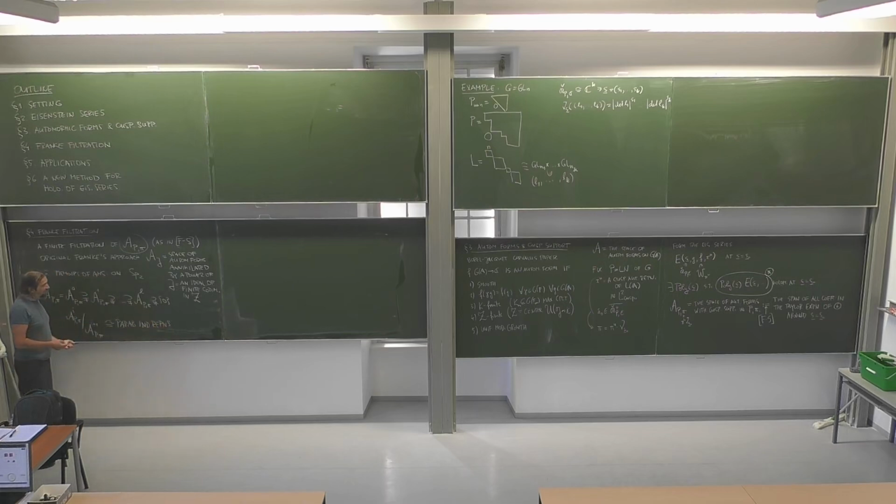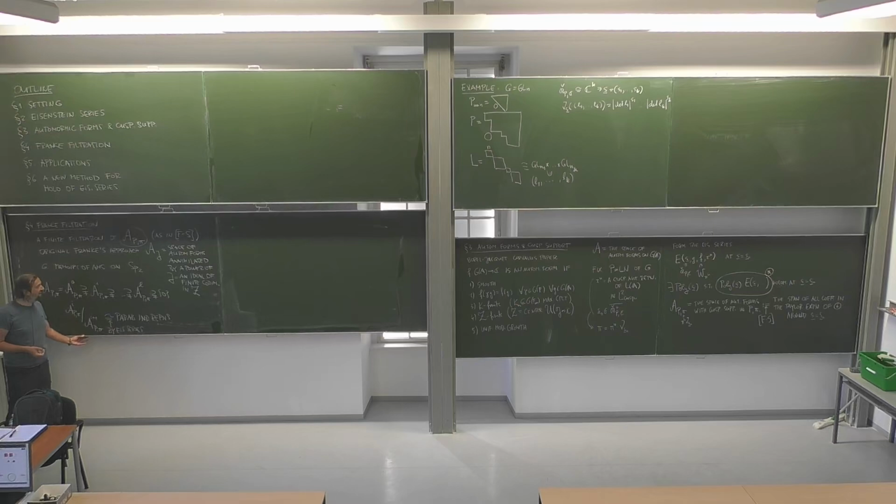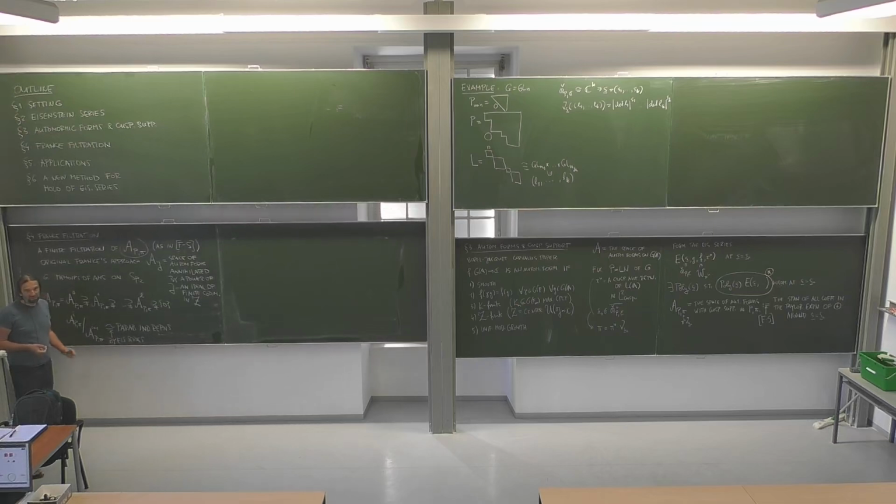And the second main point of the filtration is that this isomorphism is given in some way by Eisenstein series. This is a little bit technical, but because these two facts are needed to explain the method for proving holomorphy, I will now go in a little bit more detail, not too much.